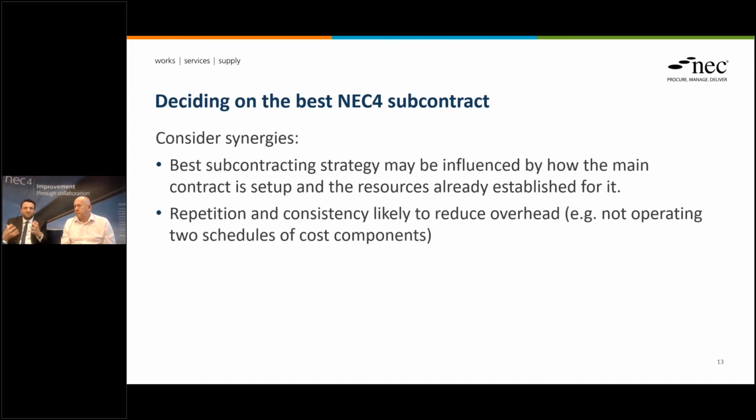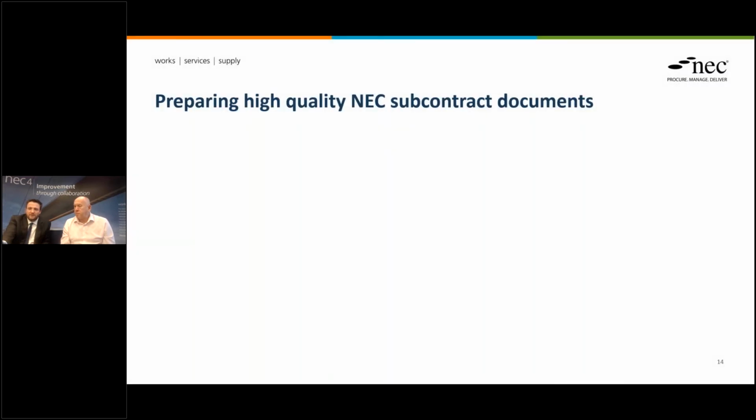We're going to start to build a knowledge of these things throughout the life of the project. Great if we can operate a very similar approach under the schedule of cost components, so we're not using a main form here and a short form there. That might be a little bit easier. Repetition through consistency. And key dates. We'll cover key dates a little bit more later on, but they're a really useful tool, particularly to contractors.